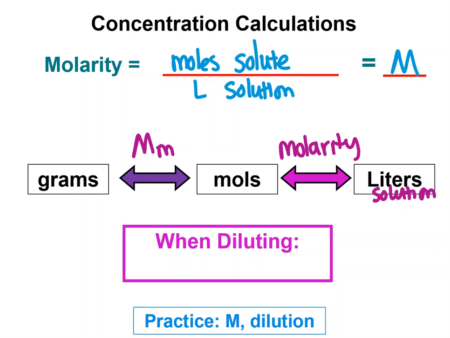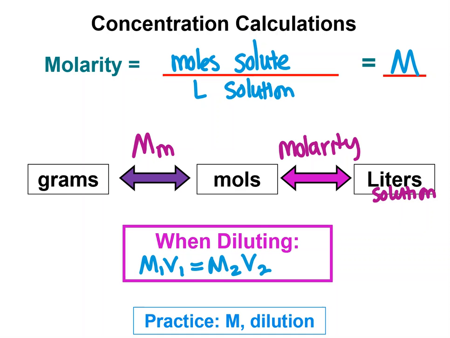Okay, one other equation that we'll be using is when we're doing a dilution. And just to be clear, dilution is where you have an existing solution that is more concentrated and you add water to it, or more solvent to it, to dilute it. And the equation that we use is this.